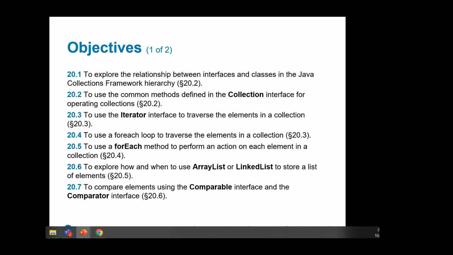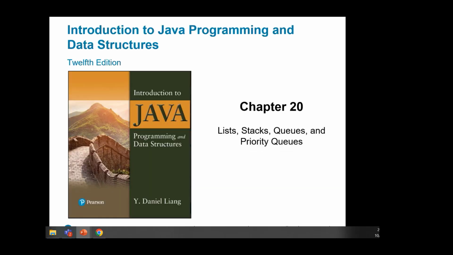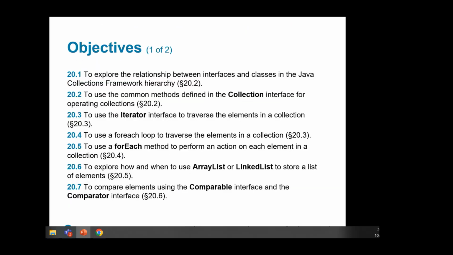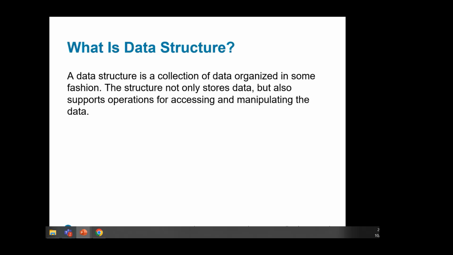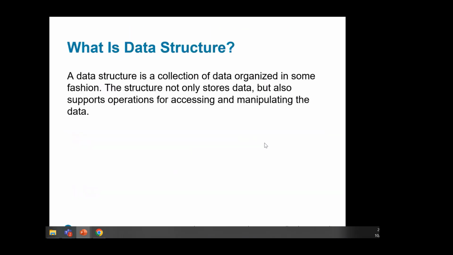So if you look at the collection interface, this is kind of a summary of what things we are going to cover. Whenever we are talking about lists, stacks, queues, priority queues, they are data structures. And the way we are learning data structures in computer science is in a very abstract manner.